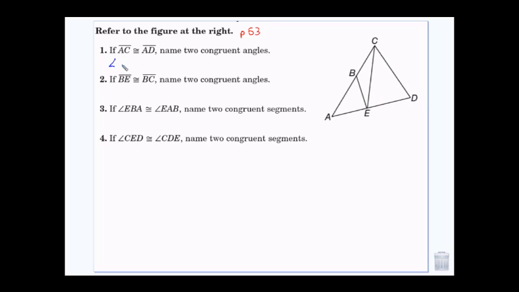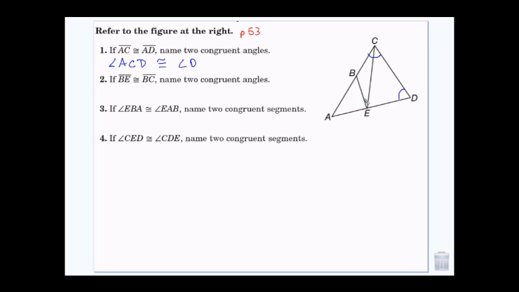So angle ACD, that's this angle here, is congruent to angle D, because these are the congruent sides, so those are the congruent angles. It's sideways. Stuff like this, yeah. Okay.